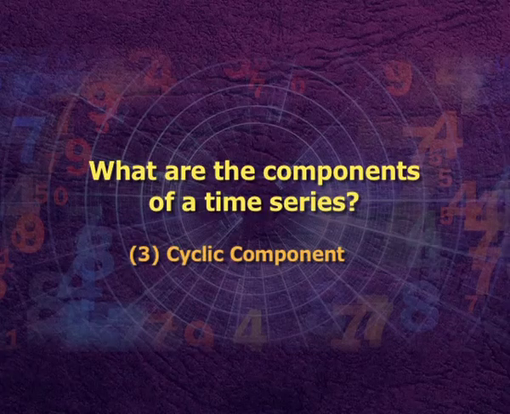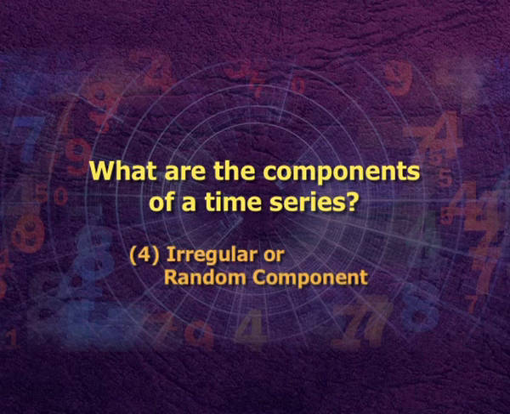Number 3, cyclic component. There are business cycles which exhibit changes in the observations over a certain period. These are regular changes, but they are not short term changes. If we examine the series over a longer span period, cyclic fluctuations can be seen to have short term variations. Number 4, irregular or random component.